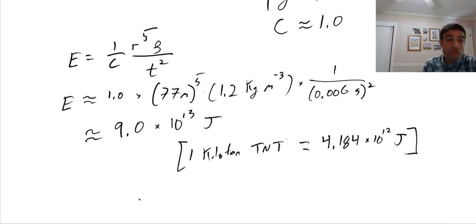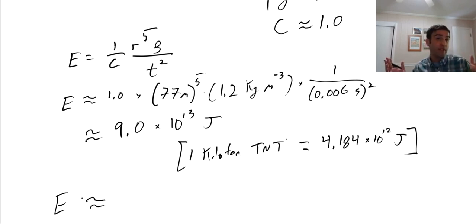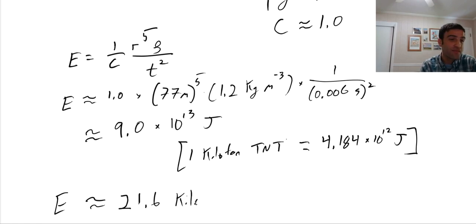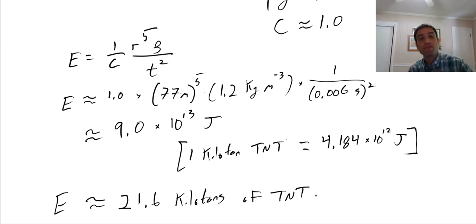So doing this unit conversion, that means the energy that caused that blast, which we estimate just by thinking about units and looking at a photograph, is about 21.6 kilotons of TNT.